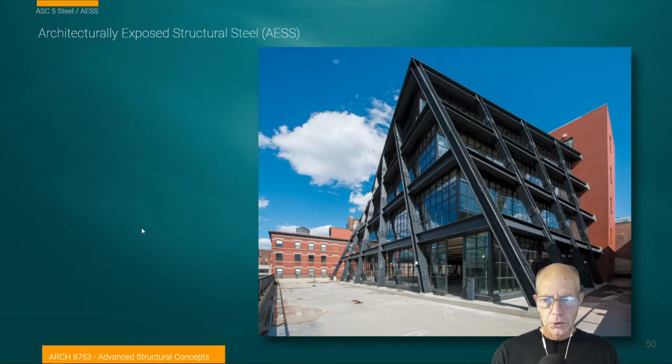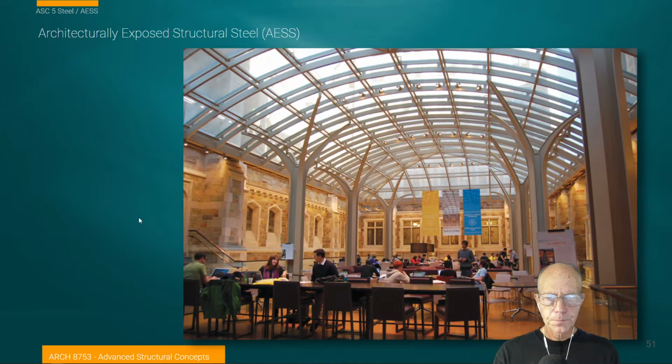Just another cool shot of exposed structural steel, the bolted connections, this really heavy webbed truss structural system, possibly even oversized to create more of a sense of scale and excitement and intensity of the project. So there may be more steel here than's actually required for the project.